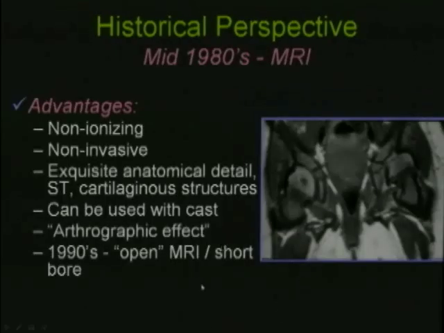MRI is also a modality that has been used for the hips. It's non-ionizing, it's not invasive. We get exquisite anatomic detail of the soft tissues and the cartilaginous structures. And it can be used with a cast.